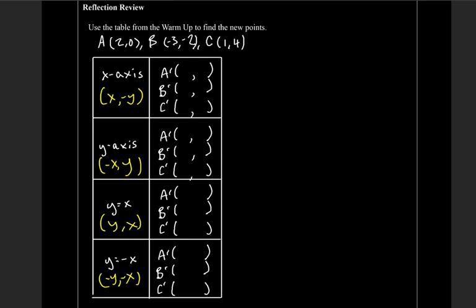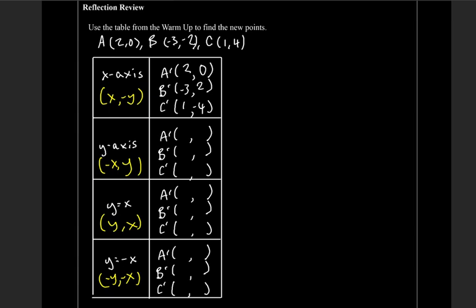So for the x-axis, that one's easy with the x's. So we just got 2, -3, and then 1. I find it easier to literally write all the x's first because it's just x. And then we just switch the y's. So -0 doesn't exist, it's just 0. Then -2 turns into +2. 4 becomes -4. Great.